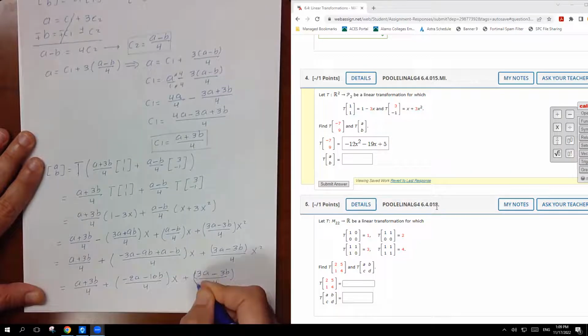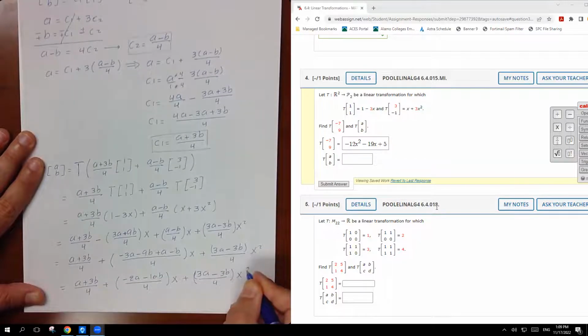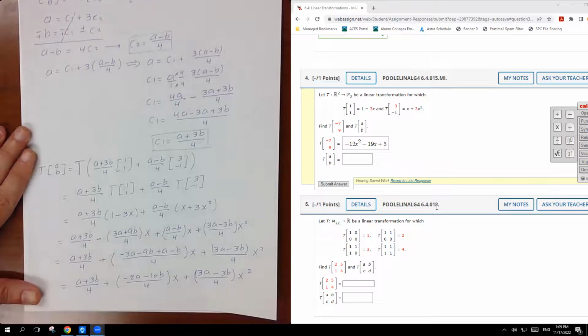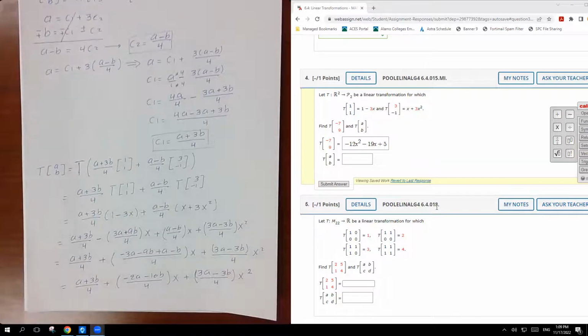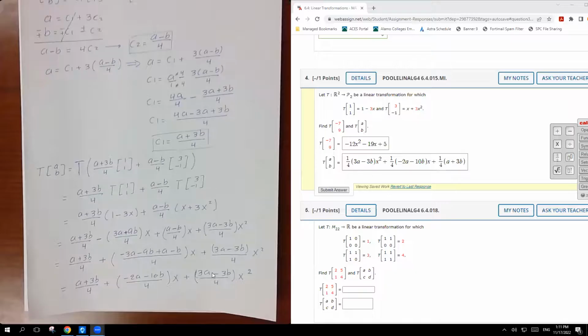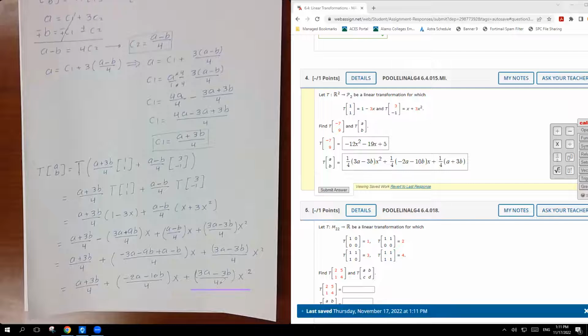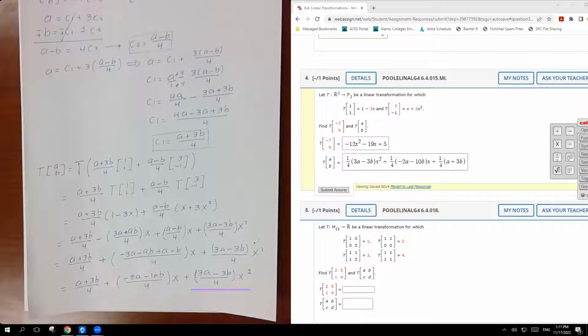You can put big parentheses or small ones for x squared. That's it for this example. We can type everything here and check our solution. I typed my solution. The first term, this one, 1 over 4. I put 1 over 4 outside, 3a minus 3b, x squared.